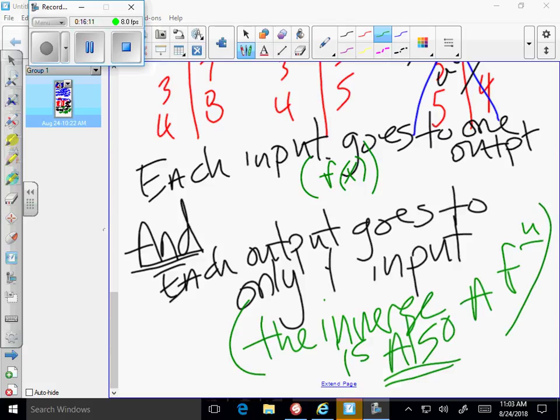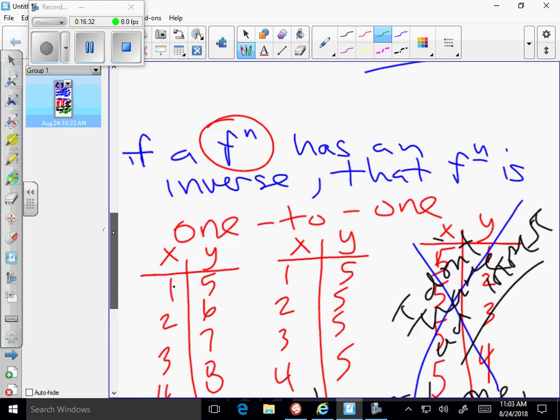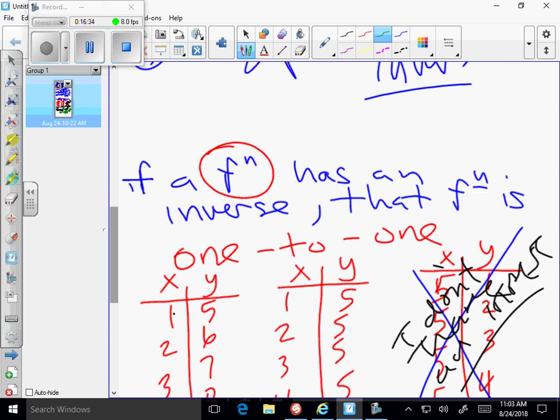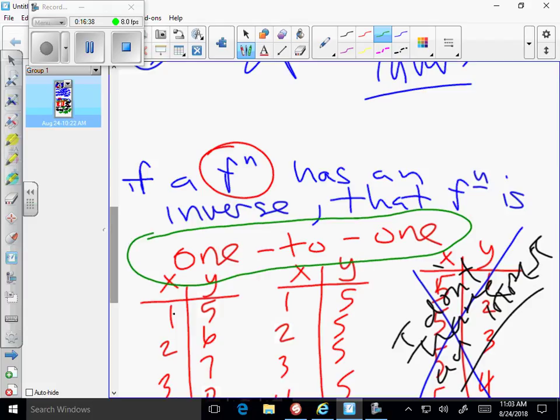And that's what one-to-one means. One-to-one means one input for each output and one output for each input. It means both the original is a function and the inverse would be a function. When I know a function is one-to-one, that function has an inverse.